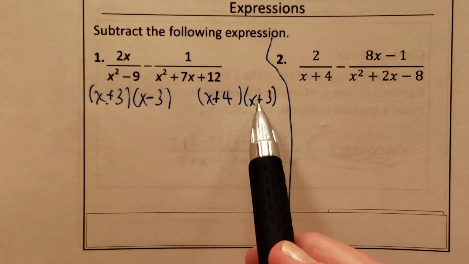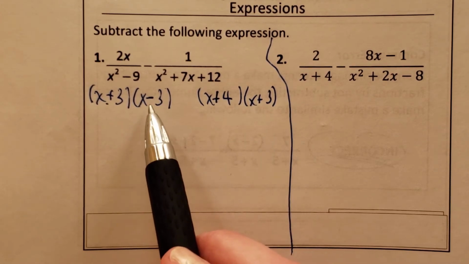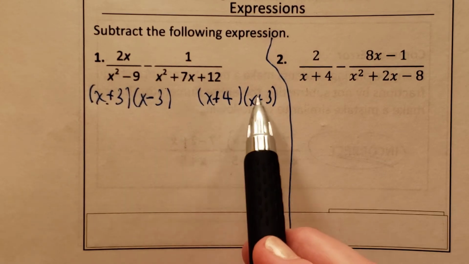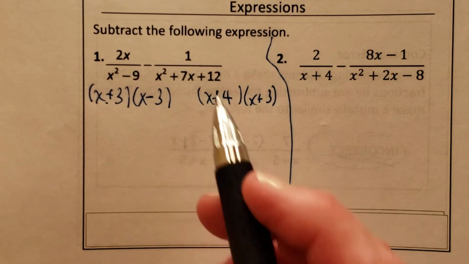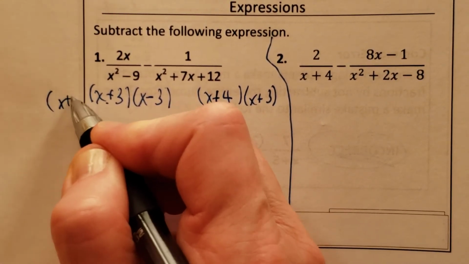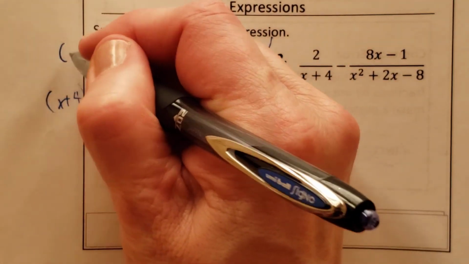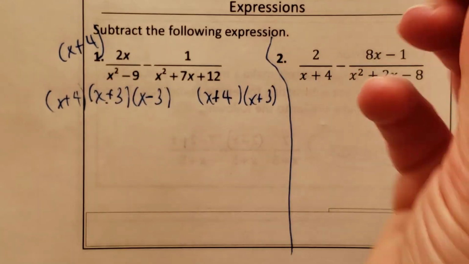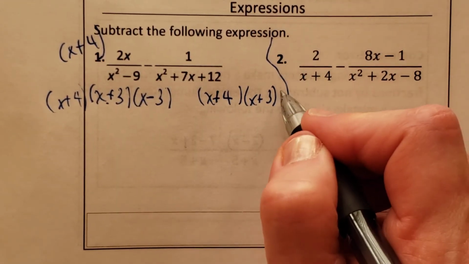So technically you would have to multiply the first fraction by x plus 4. And the second one, you'd have to multiply this by x minus 3 because that's what we're missing.